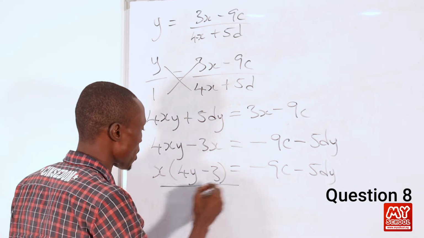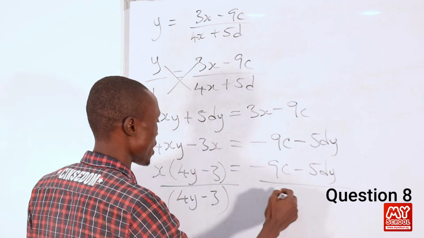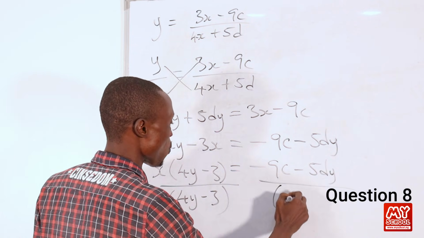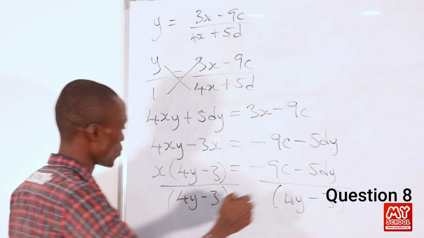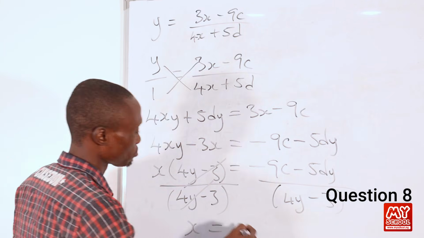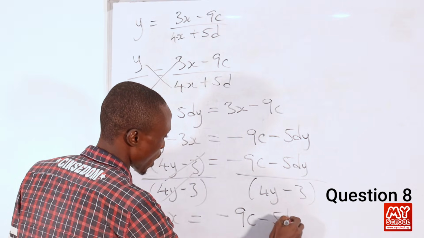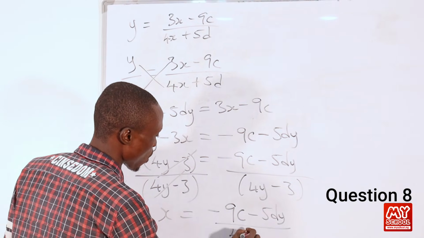So if we divide here by 4y minus 3, we also do the same to our right hand side. We divide it by 4y minus 3, and we cancel this out so that s is equal to minus 9c minus 5dy all over 4y minus 3.